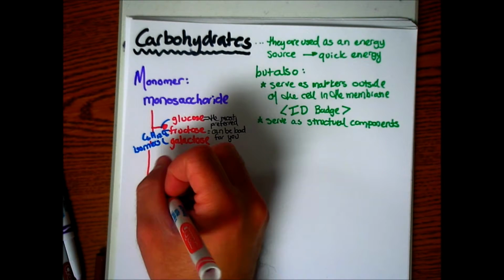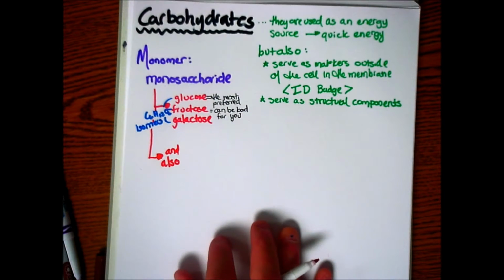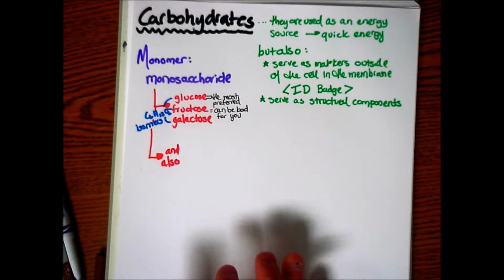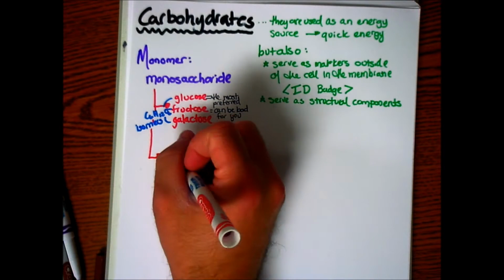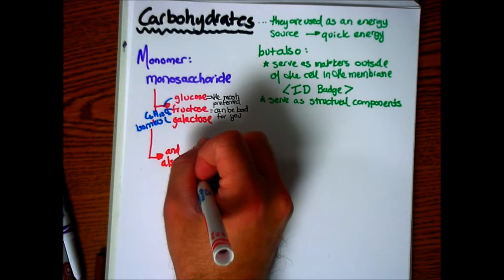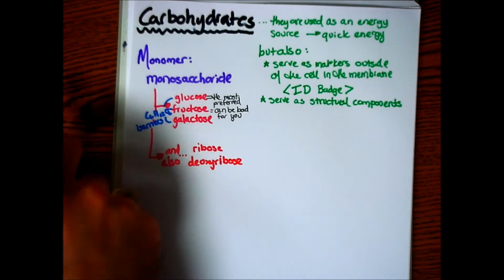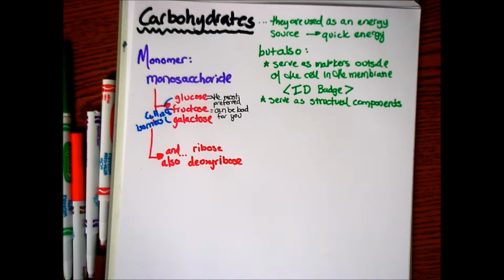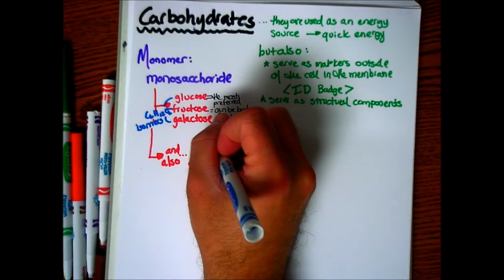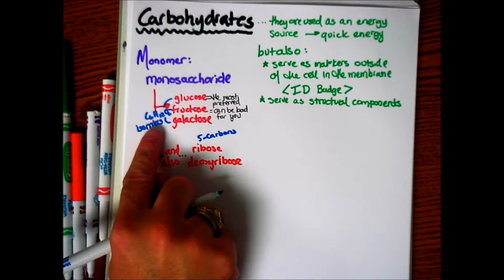But there's more. I would be doing a disservice to the group of carbohydrates called the monosaccharides if I didn't include two other important monosaccharides, ribose and deoxyribose. The linking feature of those two, the reason I mention them at the same time, is that they both have 5 carbons, as opposed to the 6-carbon hexose sugars earlier.